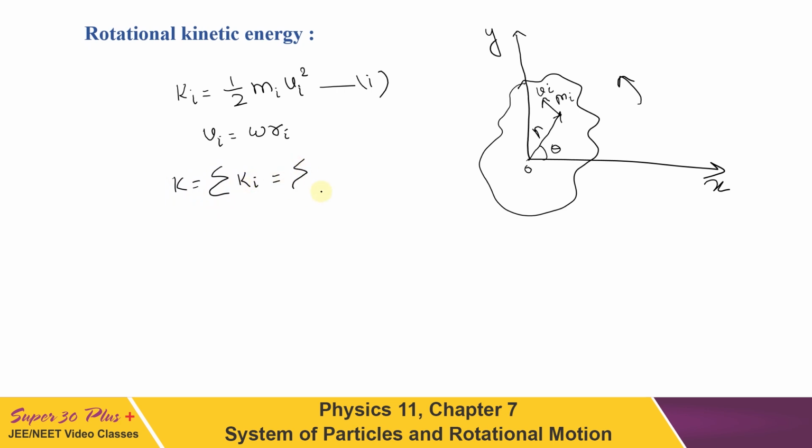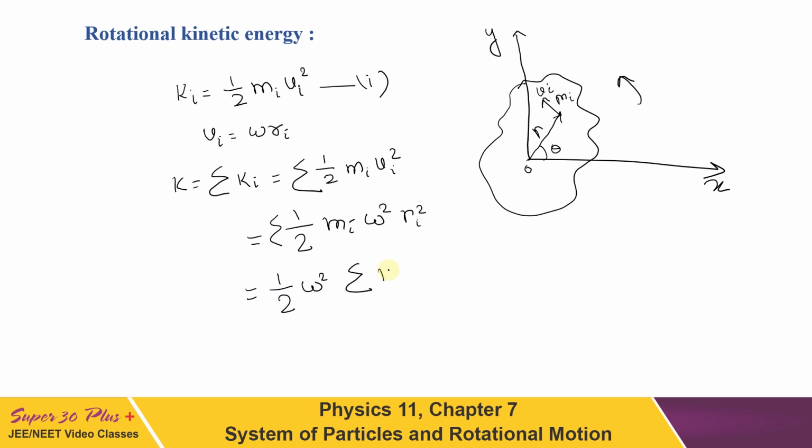So let us write the summation term, that will be half mi vi square, and it can be written as half mi omega square Ri square. Now omega, as it is constant for all the particles, can be taken outside the summation, and half omega square taken outside, this term will be summation of mi Ri square.